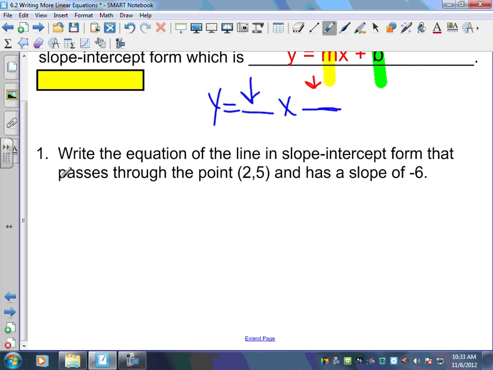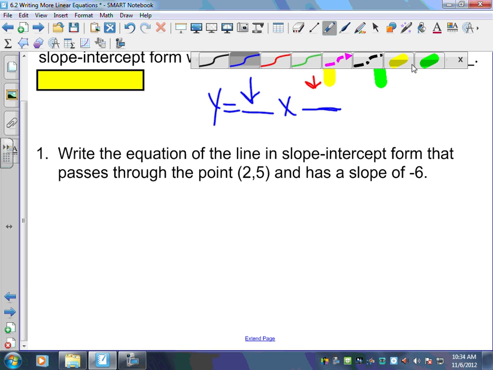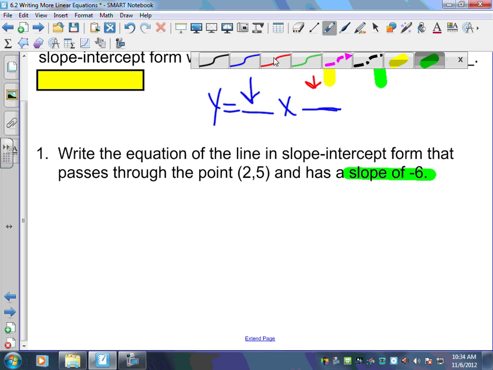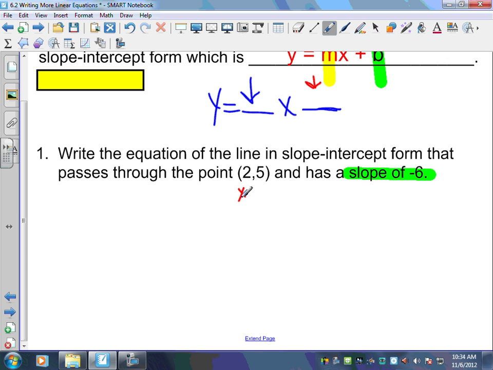If you remember yesterday, we gave you the slope. Here's my slope. And we also gave you the y-intercept. They do not give you the y-intercept. You have to find the y-intercept. Here's how you find it. This right here is an ordered pair. It's a point. It's your x value and your y value.